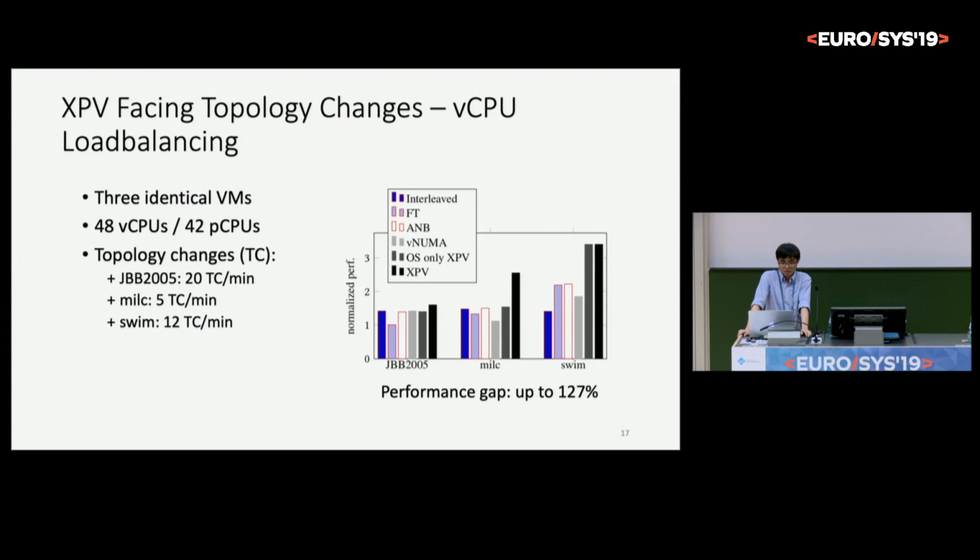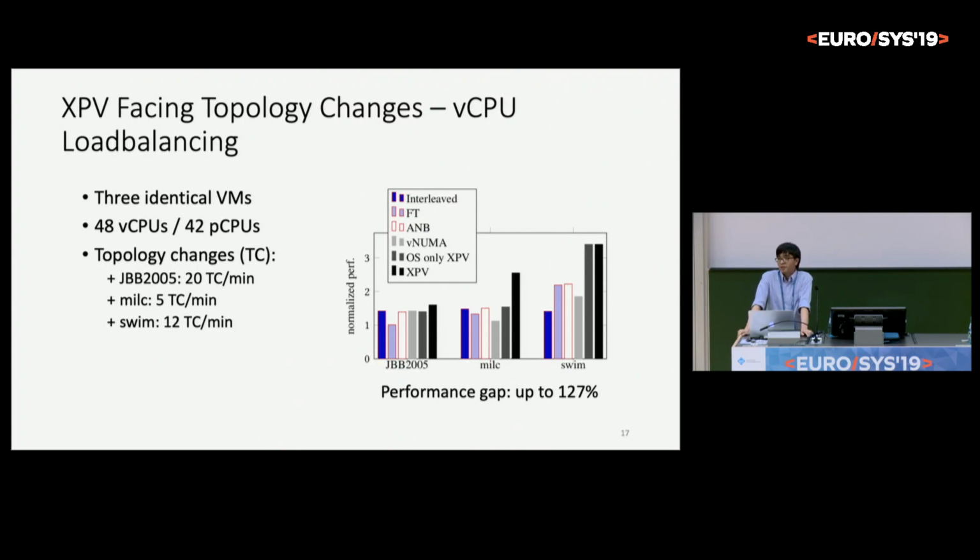So for the dynamicity in NUMA topology, first we do the VCPU migration. We launched three identical VMs and overbooked the CPU in order to cause the VCPU migration.